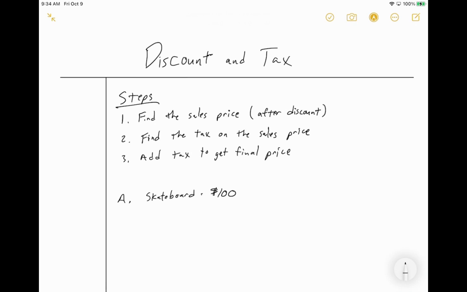There is a 20% discount, but you also have to pay, we'll just say, a 9% sales tax.